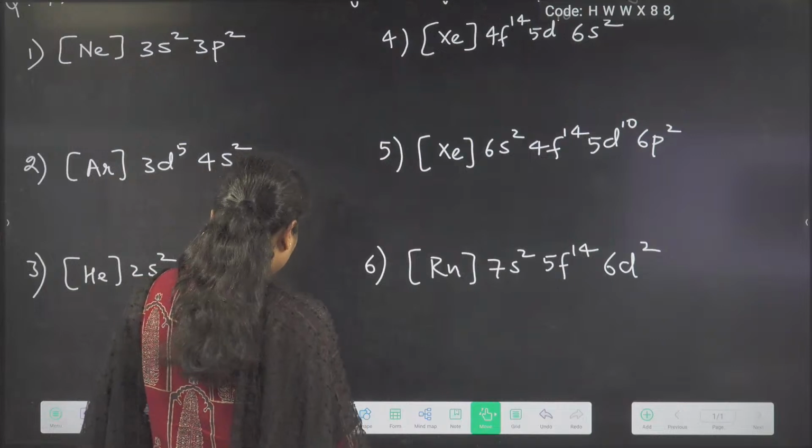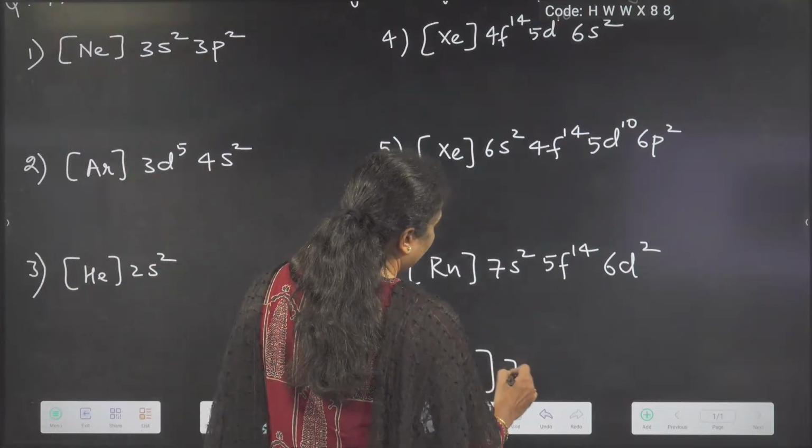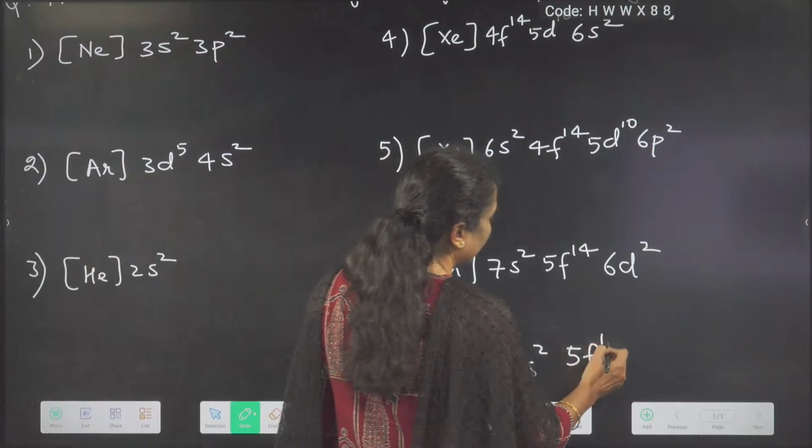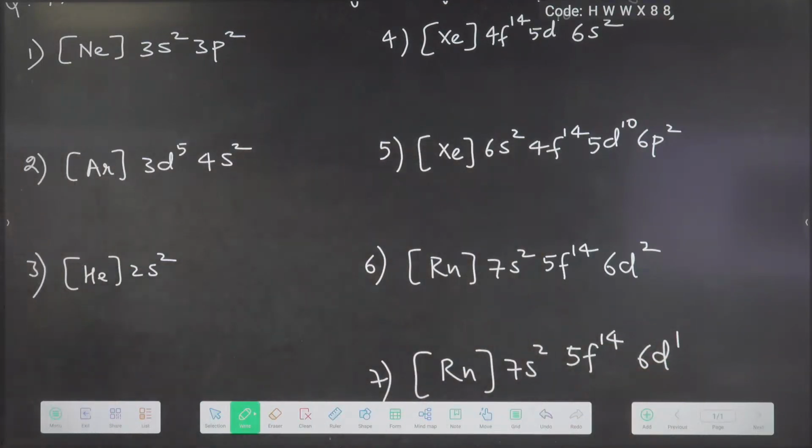One more I am giving you here: radon 7s2 5f14 6d1. Please give it a try at your end.